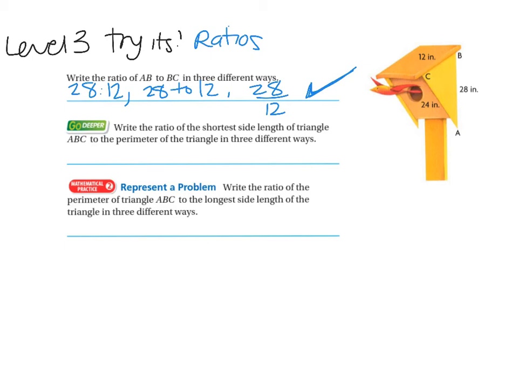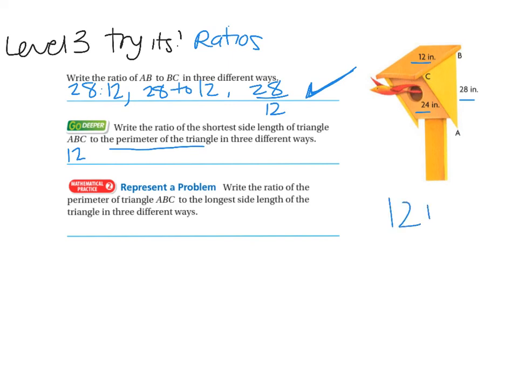Here we want to write the ratio of the shortest side length. So first I need to find what's the shortest side. I've got 28, 12, and 24. Well, I know, because I know how to order integers, that 12 is the smallest, so that's going to be my first number in my ratio. And I'm comparing it to the perimeter of the triangle. Now, perimeter is the whole outside edge added together. So 12 plus 24 plus 28. Well, I know 12 plus 24 is 36. I'll show you though.